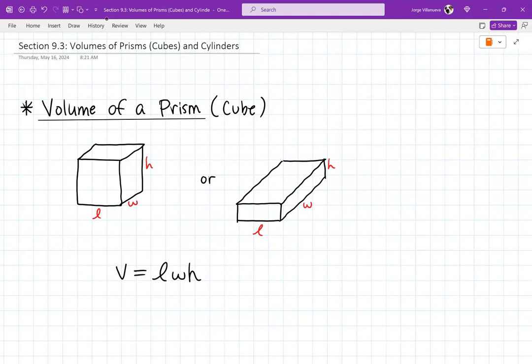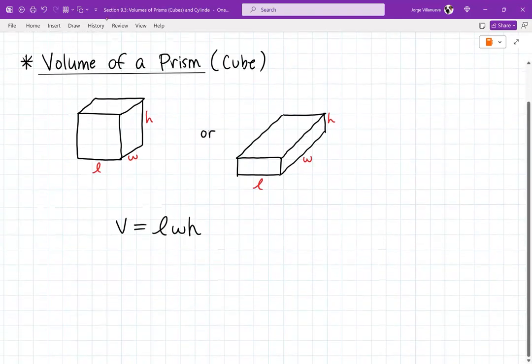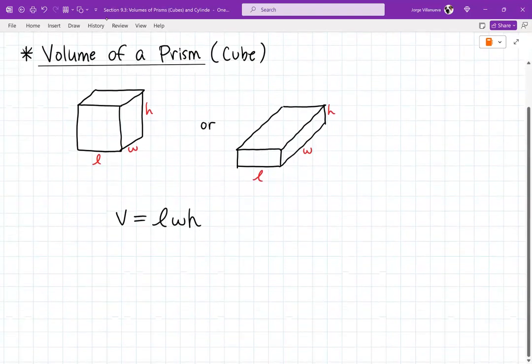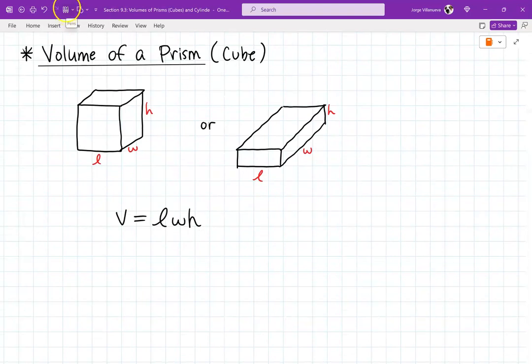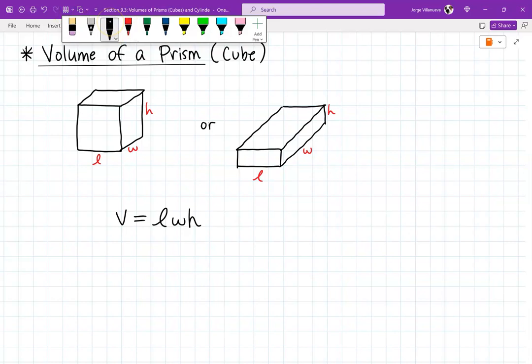So we're going to do two examples of this, and then we'll move on to cylinders. Okay, so any questions on this one? It's a pretty easy formula to remember. So here we go.